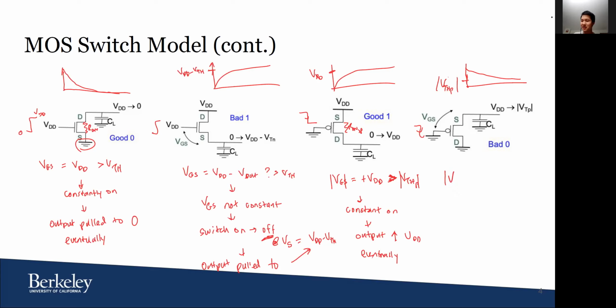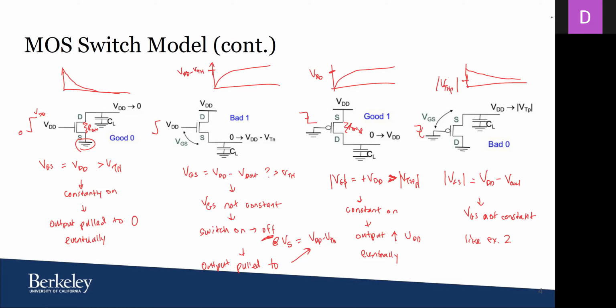Again, because the absolute value of VGS is equal to VDD minus V out, and so VGS is not constant, just like example 2. Okay, make sense?